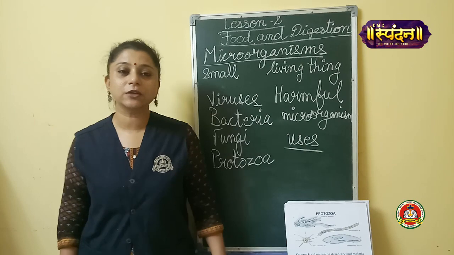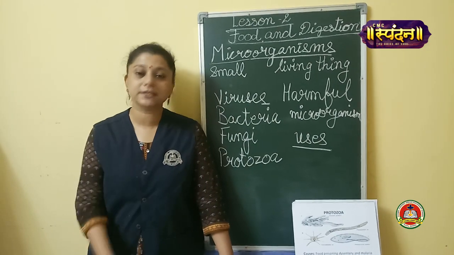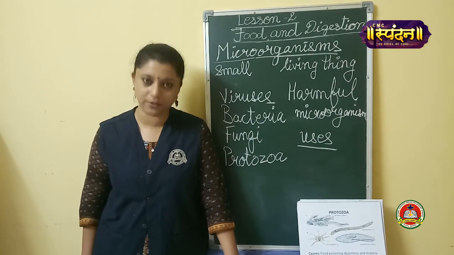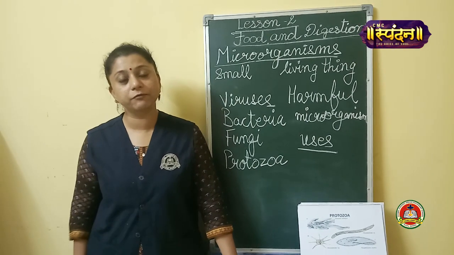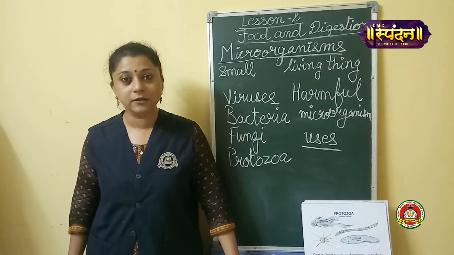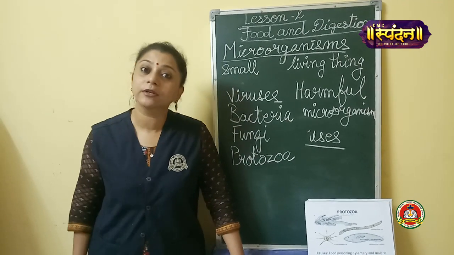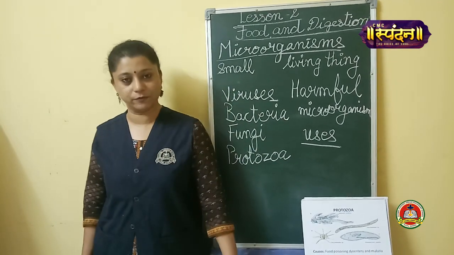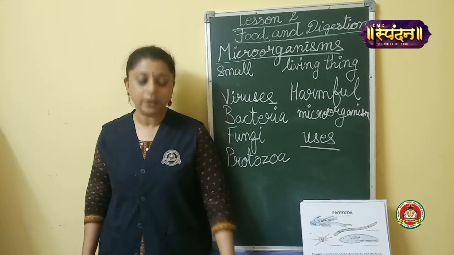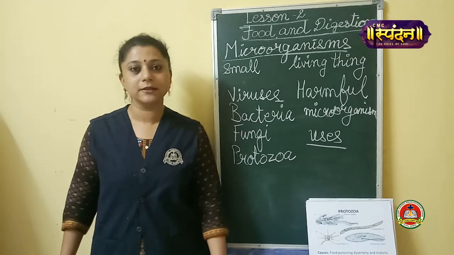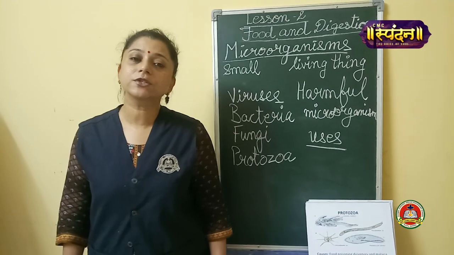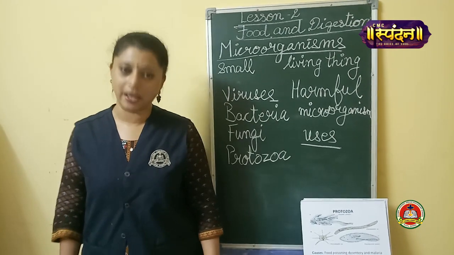When I was teaching you about teeth, when we were discussing how we can take care of our teeth, I told you that if we do not take care of our teeth, germs start growing, which leads to tooth decay. So this is one example of decay. Here we say decomposition of dead plants and animals.